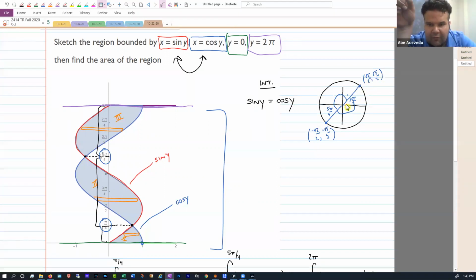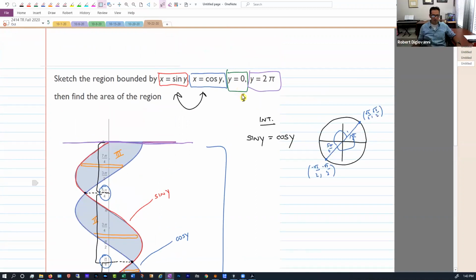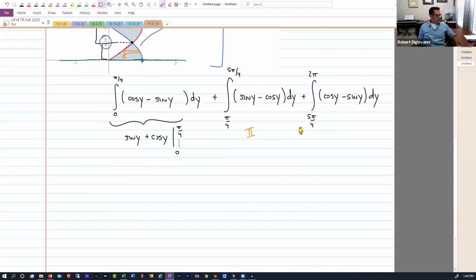That happens at 45 degrees, or pi over 4, or 225 degrees, which is 5 pi over 4. So it's from 0 to pi over 4, then from pi over 4 to 5 pi over 4, and then 5 pi over 4 to 2 pi. And we're only looking between 0 and 2 pi because they gave us 0 to 2 pi here. Okay, got it.